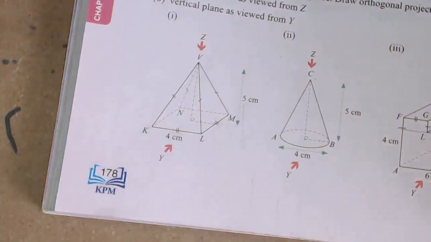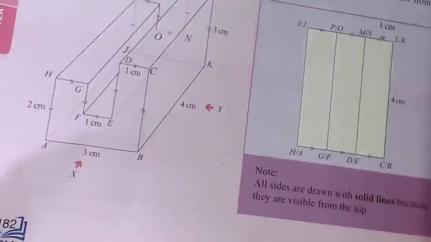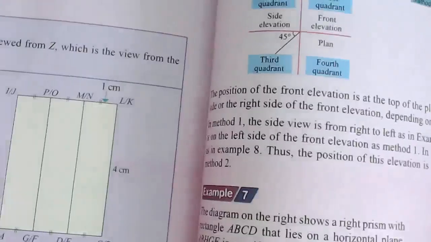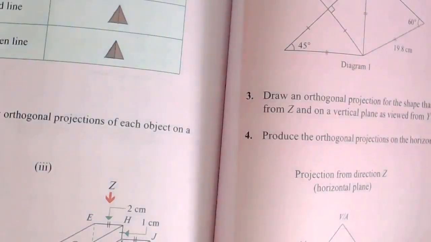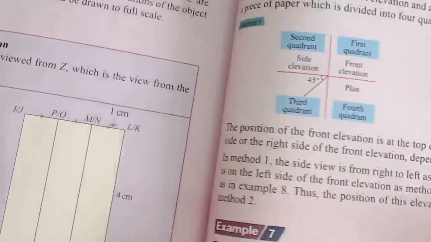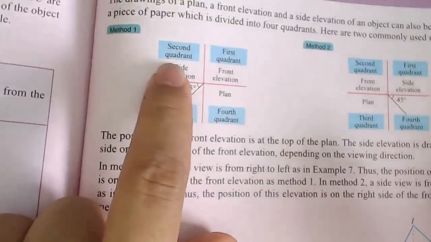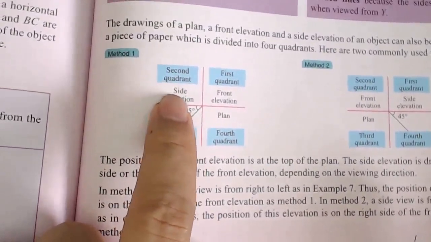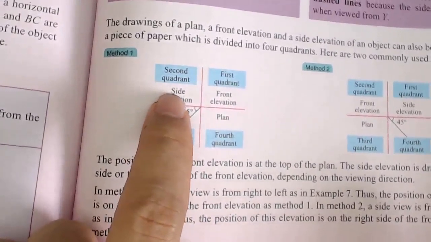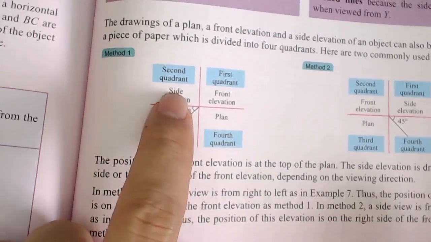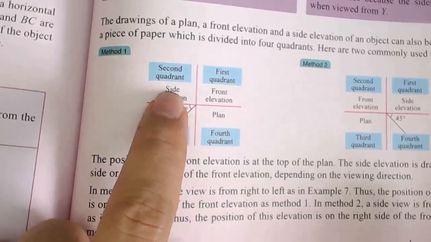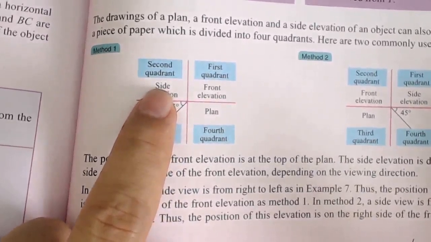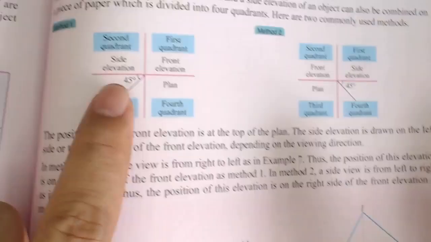Okay, and guess what? The last quadrant, whatever is left, is for side viewing. This side here refers to x viewing direction.